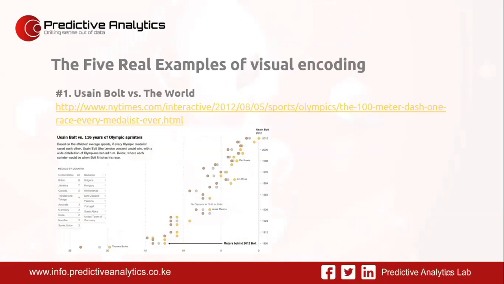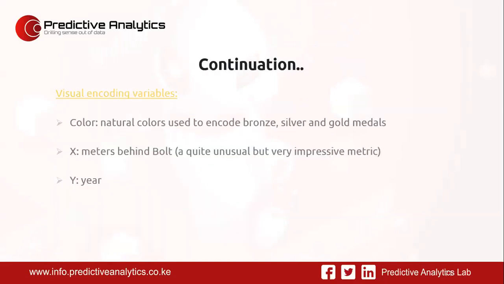Silver is maybe gray. So that's the use of natural color, which, if you remember, we said in colors, we try to use intuitive colors. So color has been used there as an encoding variable.